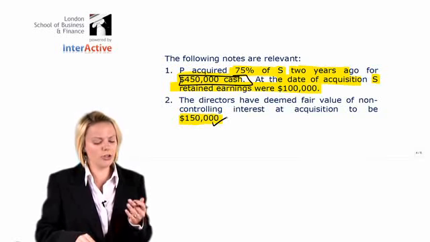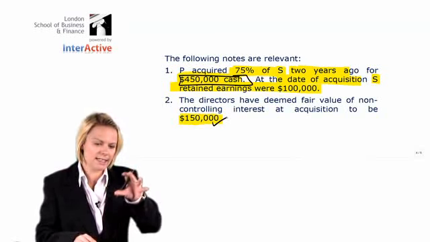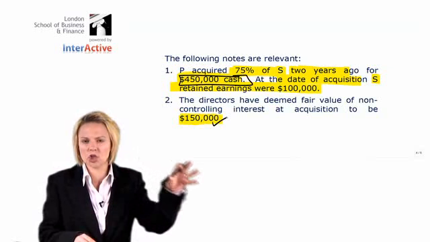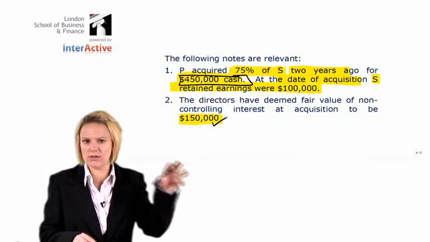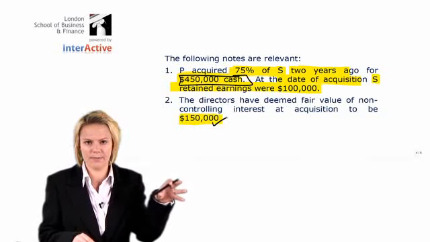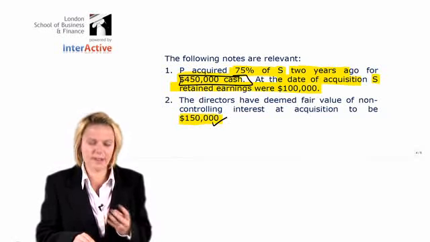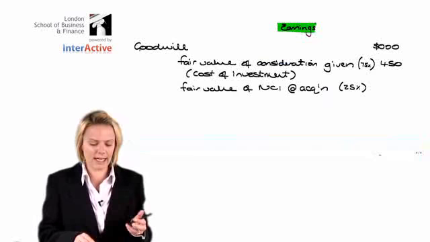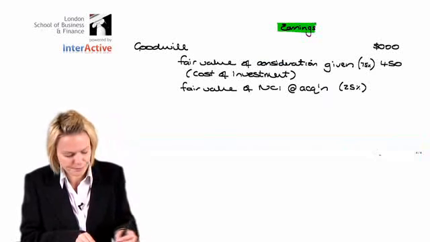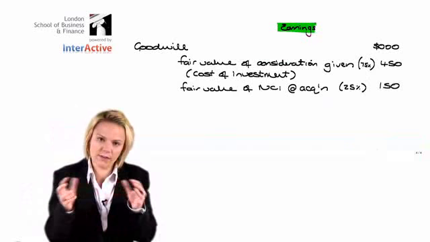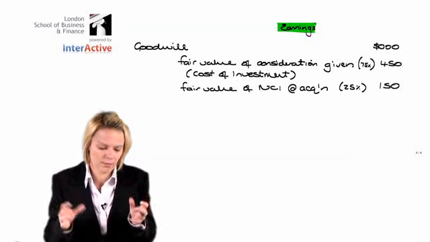Okay? So usually that would be the number of shares that the non-controlling interest has multiplied by the share price of the subsidiary at the date we acquire the subsidiary. Yeah? So the market price. You will always be given this figure, though, in the exam. You'll never be asked to calculate it. So, 150 is the value of the other 25% of the shares.